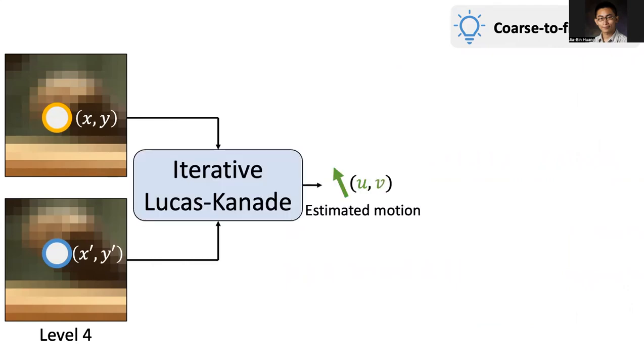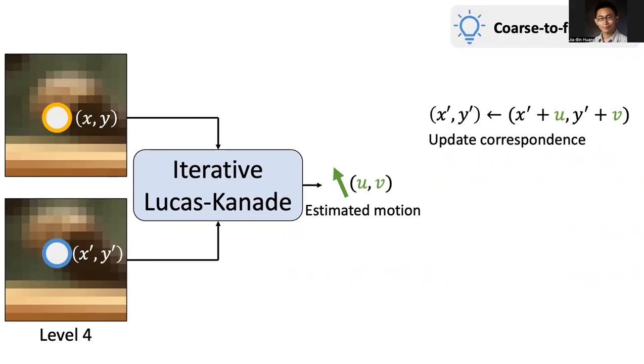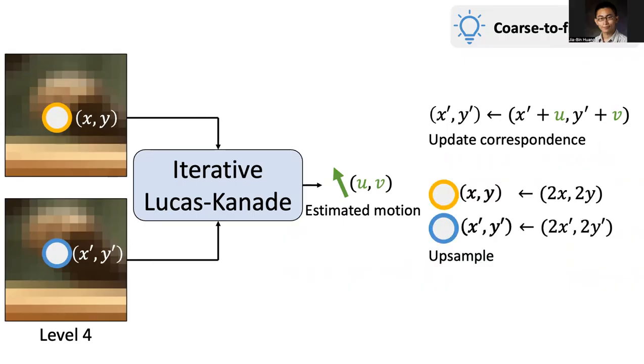You get an estimation of U and V as the total aggregated motion. Then you update this and upsample your solution. In these low resolution images, the algorithm will work because now your motion is small. And once the algorithm works, you have a better guess for the next level.